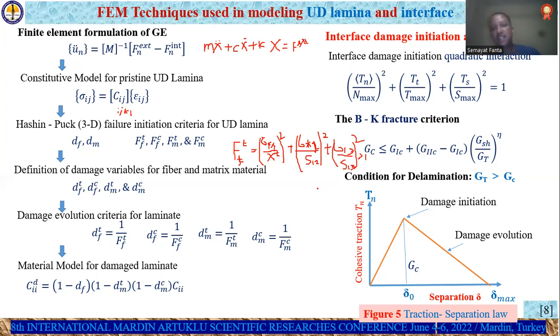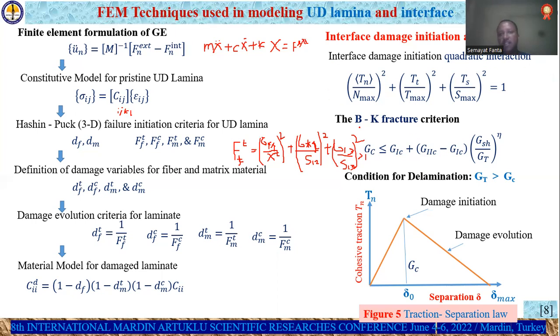So then the next is the interface damage initiation and evolution parameters. Interface damage initiation makes use of the quadratic interaction between the traction and the normal traction and force. So we use the traction separation method for the damage initiation, which is a quadratic traction interaction.